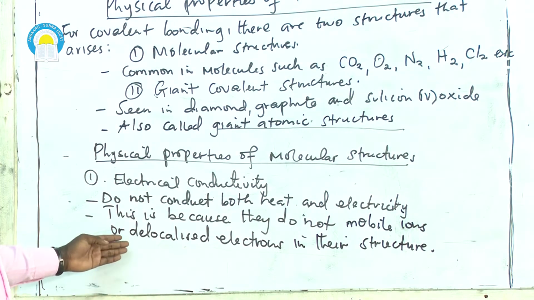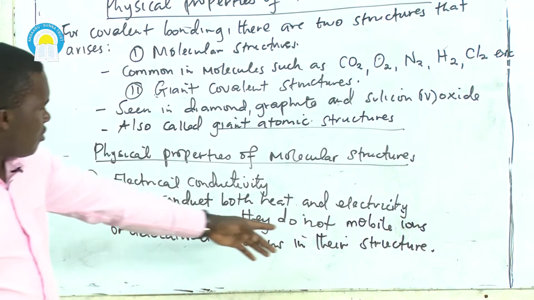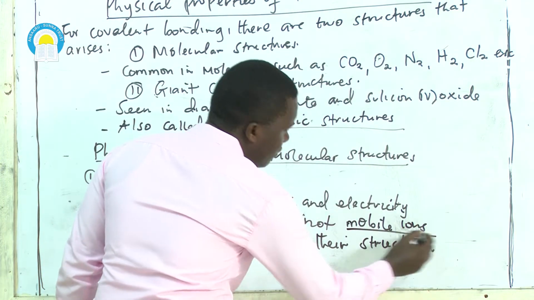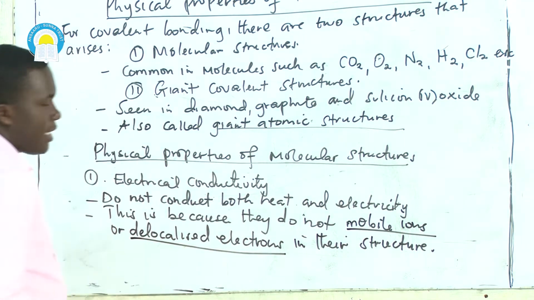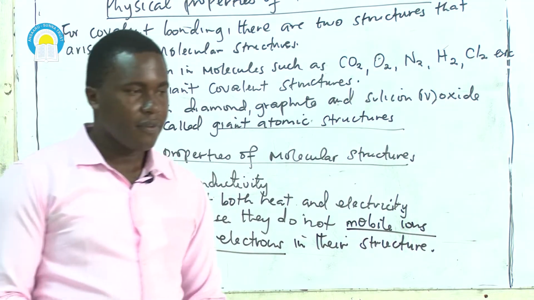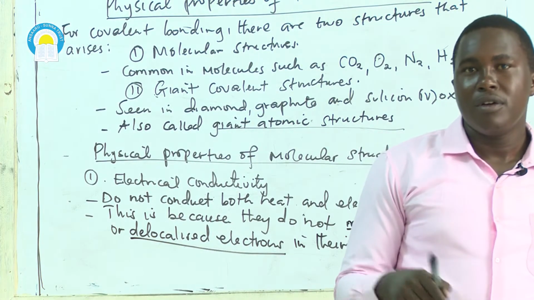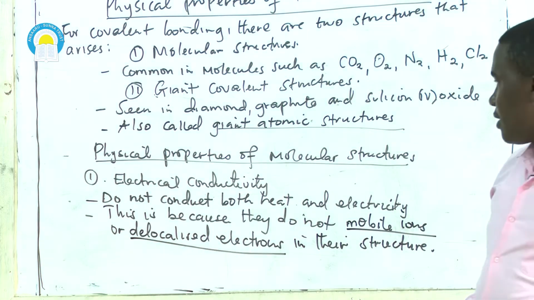So it means that they have neither mobile ions nor delocalized electrons in their structures. So that is the main reason why they do not conduct electricity.